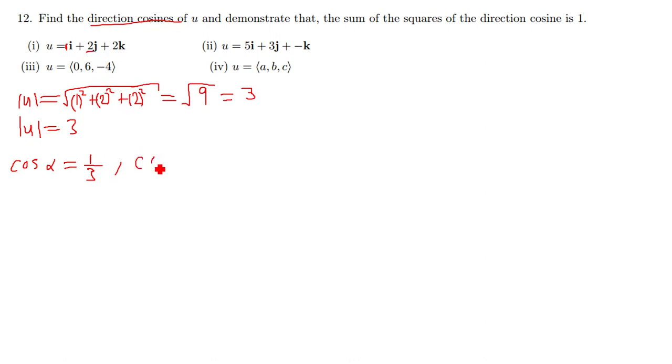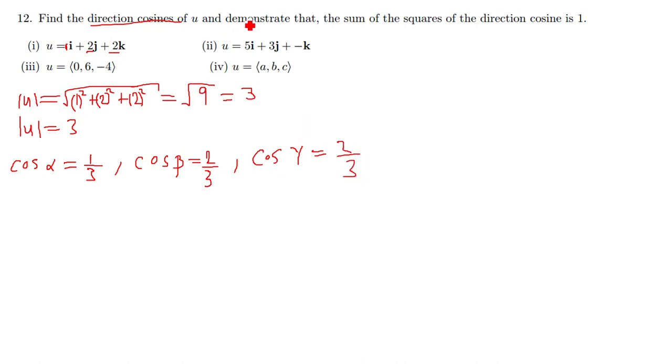So cos beta is just equal to 2 over the magnitude of u, which is 3. Then we also write the last one, cos gamma. Cos gamma will also be equal to that c of yours there, which is 2, divided by the magnitude of u, which is 3.